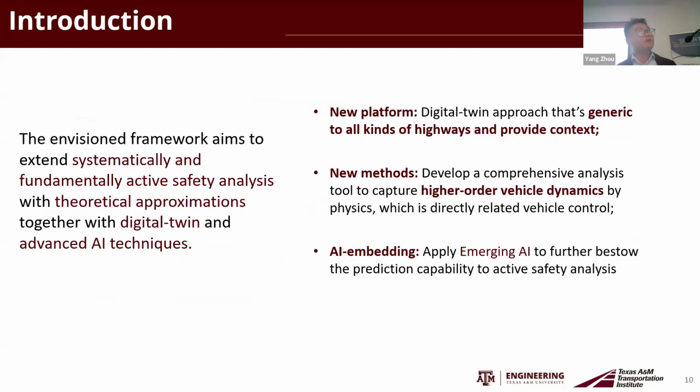We also aim to develop a comprehensive analysis tool to capture high-order vehicle dynamics by physics, which could be directly related to vehicular control. And last, we aim to use emerging AI to further bestow prediction capability on current active safety analysis.